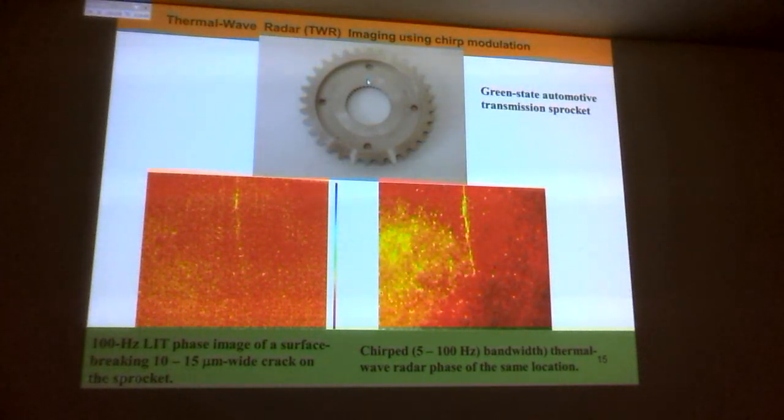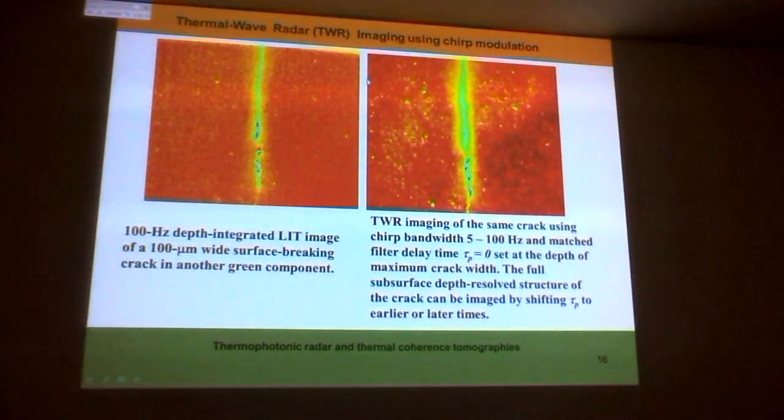This is your crack right now, and the crack, of course, has disturbed the thermal wave field because it is an impedance. It does not allow the heat to go where it wants to go, so you see a different amplitude and phase. Typically, you see a higher amplitude at the edges of the crack because heat accumulates and gives you higher temperature. This is what you see, the single lock-in. This is what you see now with the thermal wave radar. It becomes a lot easier to see. The dynamic range is higher.